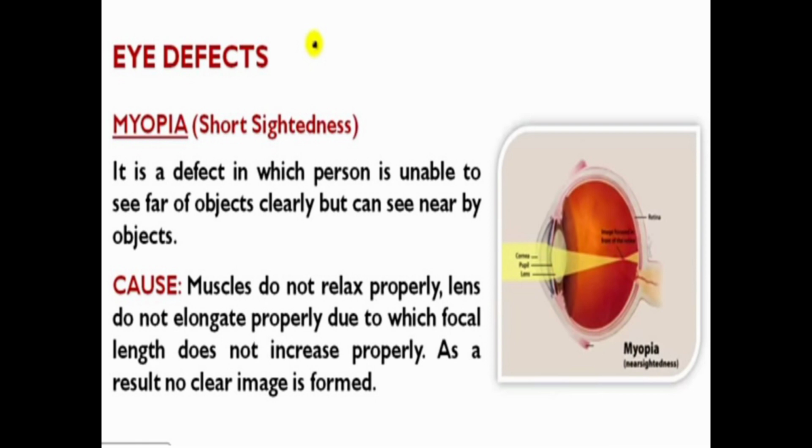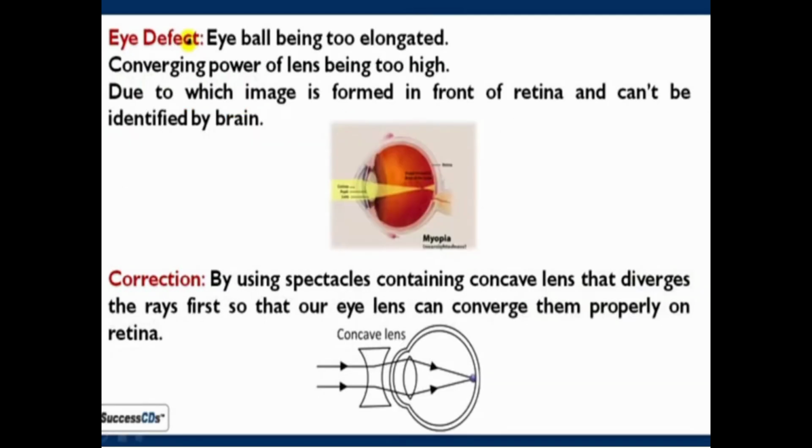But the person suffering from myopia cannot see far off objects. Why? Because the muscles do not relax properly and the lens does not elongate properly, due to which the focal length also does not increase, and that's why no clear image is formed.